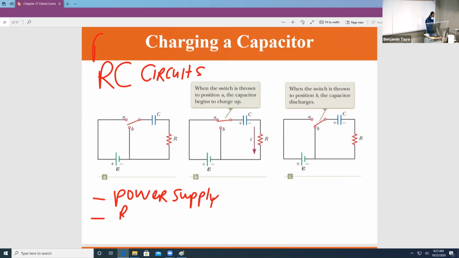It has a resistor, a capacitor. Then it also has a switch. Now the power supply is called the charging.